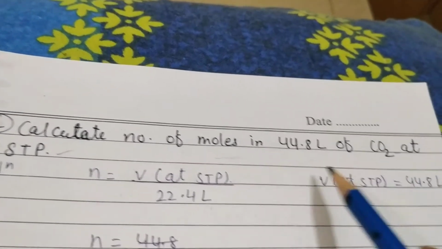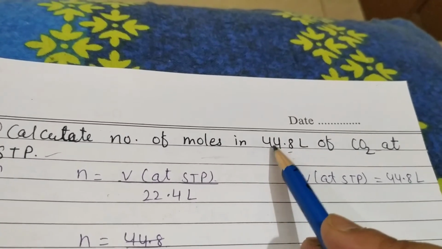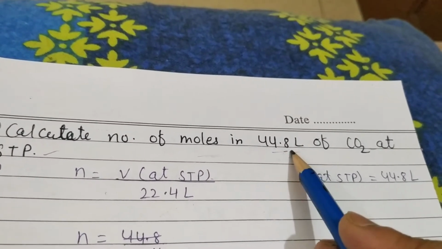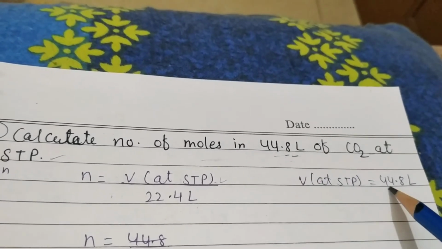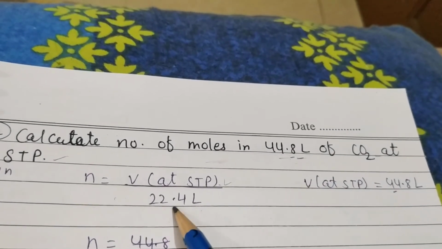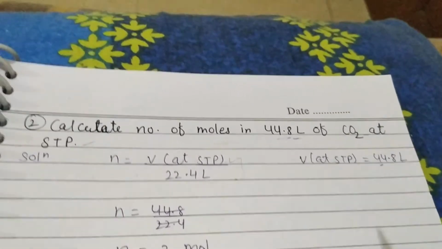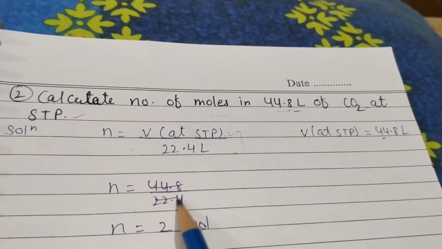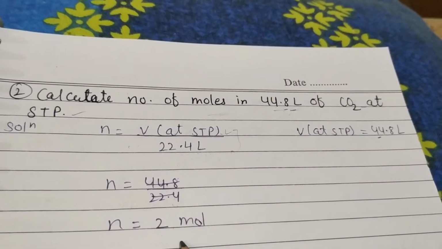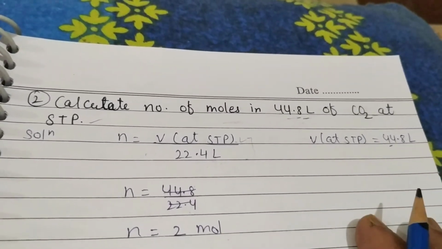What is given to us is the volume, 44.8 liter. It must be in liters, and we have the value in liters. So this is the formula itself. Just put the values: n = 44.8 divided by 22.4. We get 2 mole. I hope this is understood by all the students.